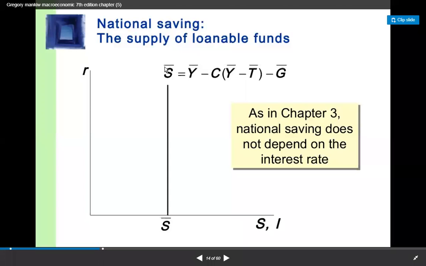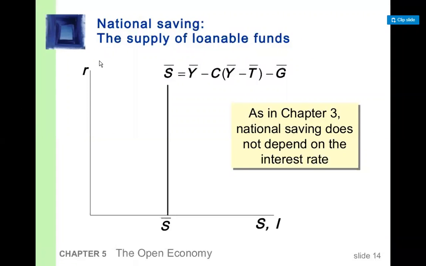So savings do not depend upon real interest rates. Thus, the saving curve is vertical. Savings are given, not affected by the real interest rate. That is the point. So this is the saving curve, which is very important.